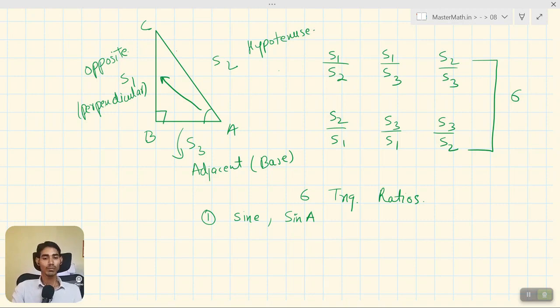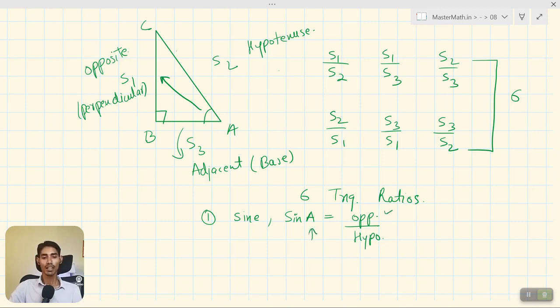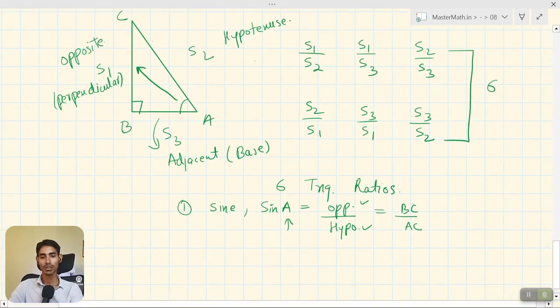Now this ratio is opposite by hypotenuse. Anywhere in a right angle triangle, sine A is the relation of the angle A with the opposite side and the hypotenuse of the right angle triangle. So this is BC by AC. This is the first one, sine.